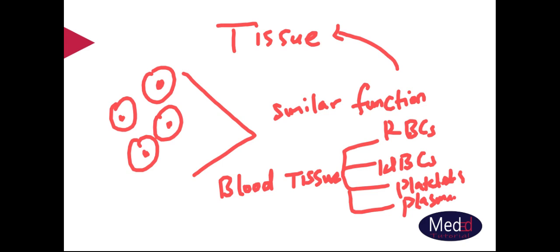All these various cell components make up the blood tissue, and they generally have a similar function in a way. So that is what a tissue is all about.